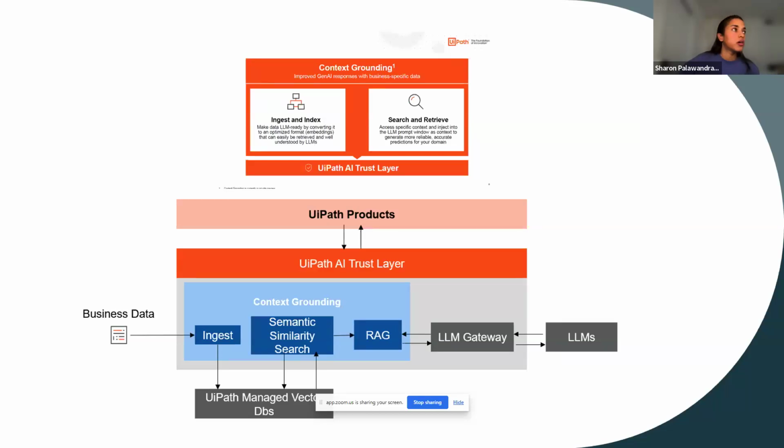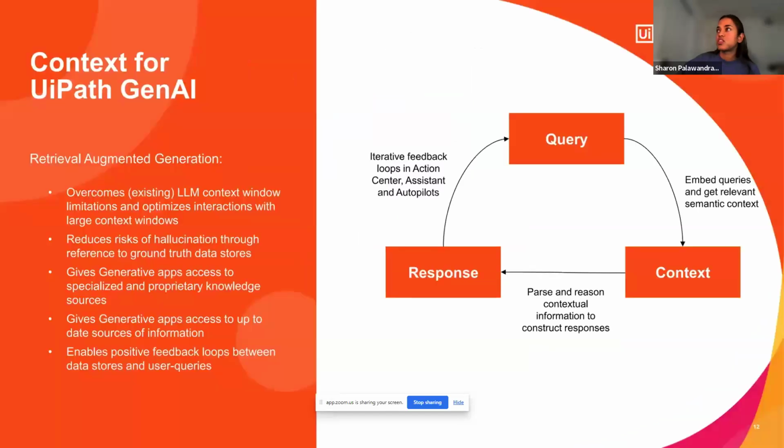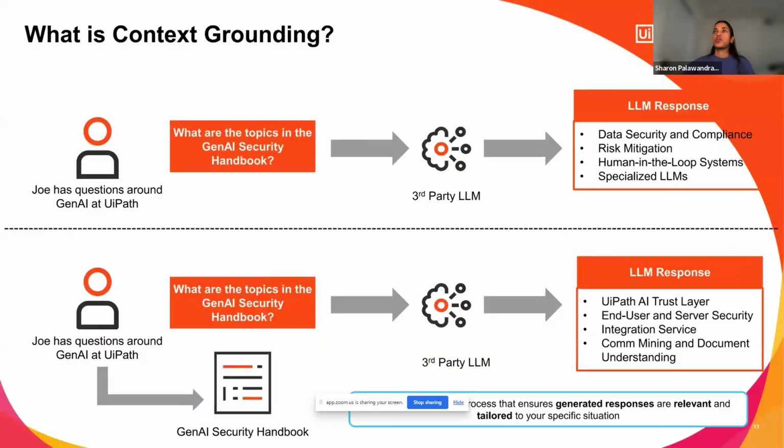And a little bit about context grounding. Now, context grounding for UiPath. Let's go here. So what is context grounding? Remember how we talked in the very first slide, how generative AI can either be used by unsupervised learning or supervised learning.